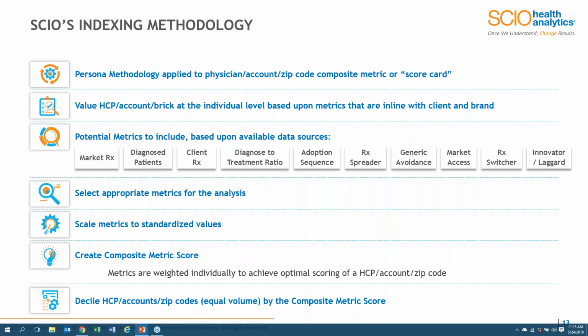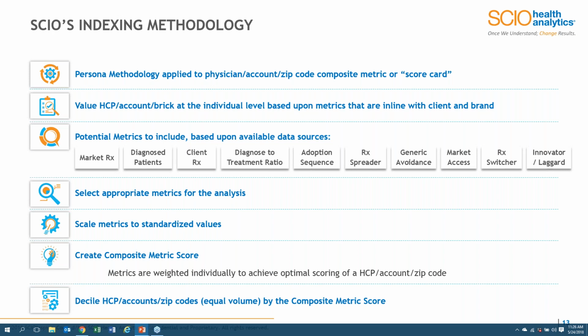As personas are built from zip codes, we have access to the healthcare providers and facilities that are practicing in a zip code. Hence, we will be able to assign a predominant persona type to an HCP or facility as well. This allows us to further enhance valuing or scoring healthcare providers or facilities.